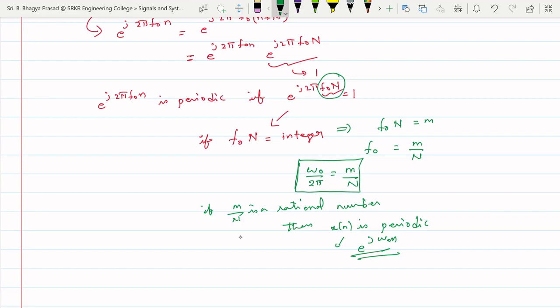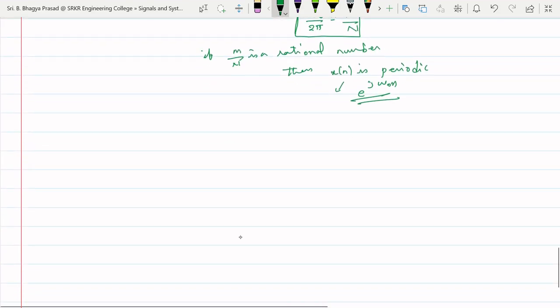Let us take the discrete complex exponential e power j 6 pi n. You compare it with e power j omega naught n, so omega naught equals 6 pi.